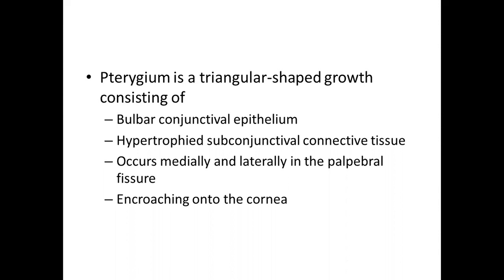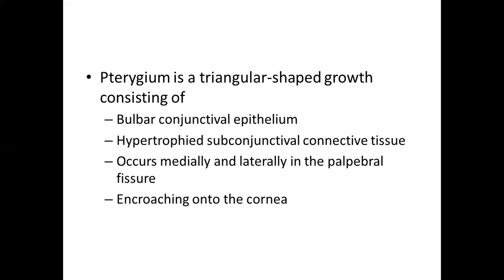The conjunctiva has different histological types, the epithelium, the stroma, and all of that. Particularly the epithelium of the conjunctiva has this excessive growth, and this growth moves from the conjunctiva, crawling towards the cornea.